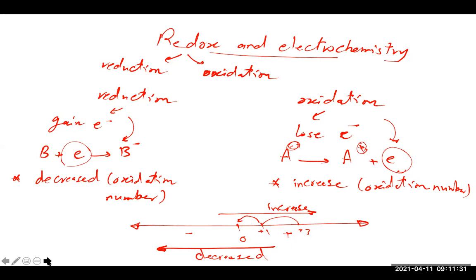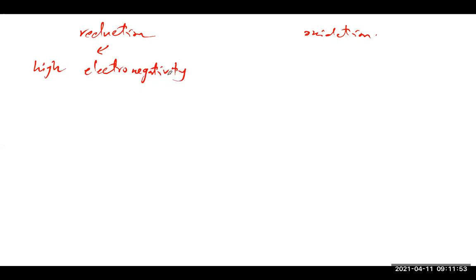Okay, let's continue again with reduction and oxidation. So this one will be reduction here, and here we have oxidation. What is the substance that is most likely to be reduced? The substance with high electronegativity, so it has the ability to attract electrons, that's why it will be reduced.